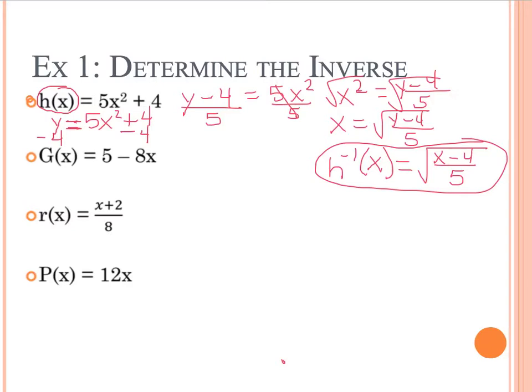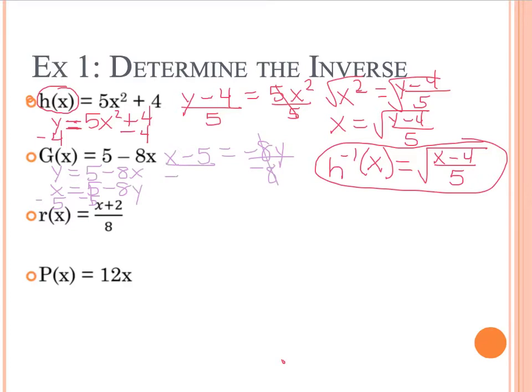So for my second one here, if I rewrite this as y equals 5 minus 8x, if you want to go ahead and flip-flop your x and y, you can. It might make it a little bit easier. And then solve for your new y. So I'm going to subtract 5 from both sides. x minus 5 equals negative 8y.